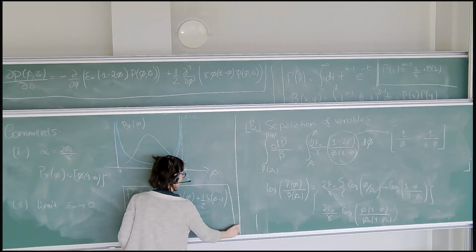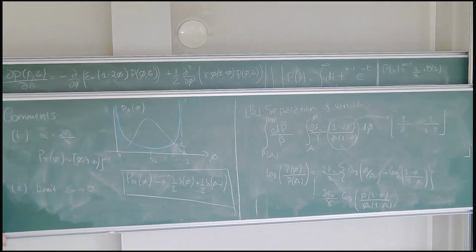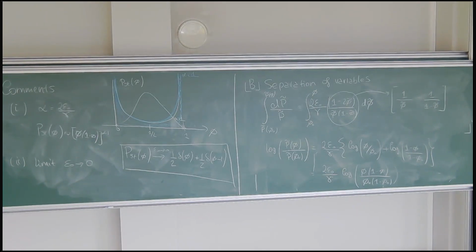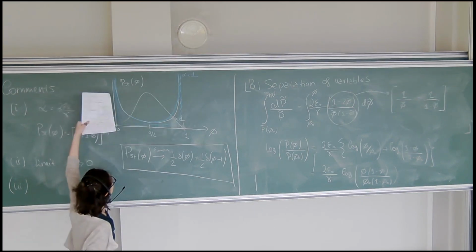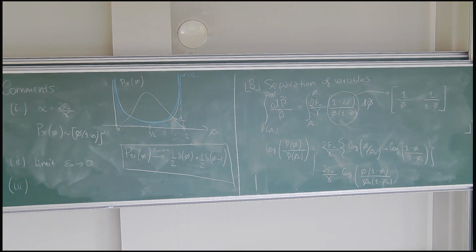Okay, so this concludes, and maybe just a final comment on the first exercise. For this type of model, you can even compute when epsilon is different from 0. Exercise 3. When epsilon is different from 0 but finite, and let's say that alpha is smaller than 1, you still have this distribution which is very polarized, concentrating on 0 and 1.